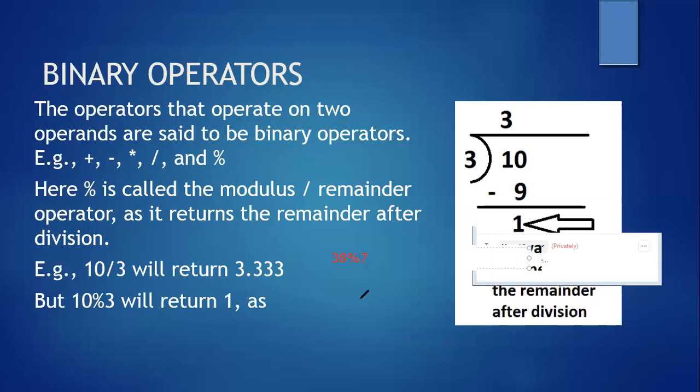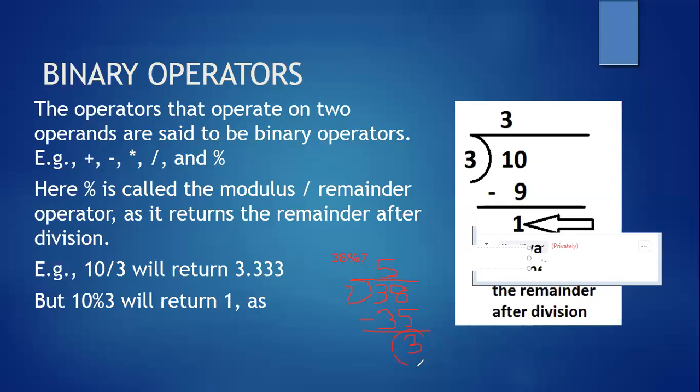Understand. 38 modulo 7. So this will be my 38 modulo 7. So 7 ones are 7. 7 fives are 35. Then 38 minus 35. What's the remainder? The remainder is 3. Now is 3 divisible by 7?